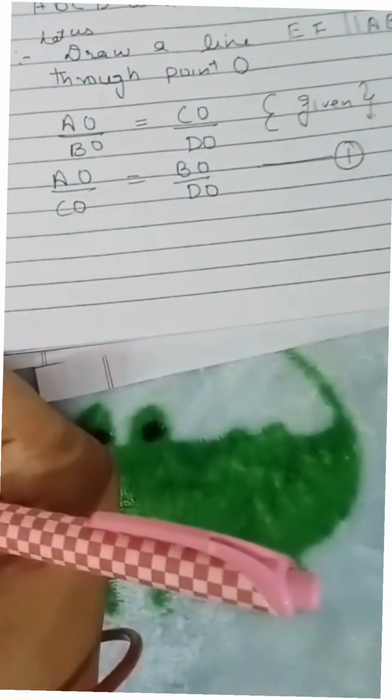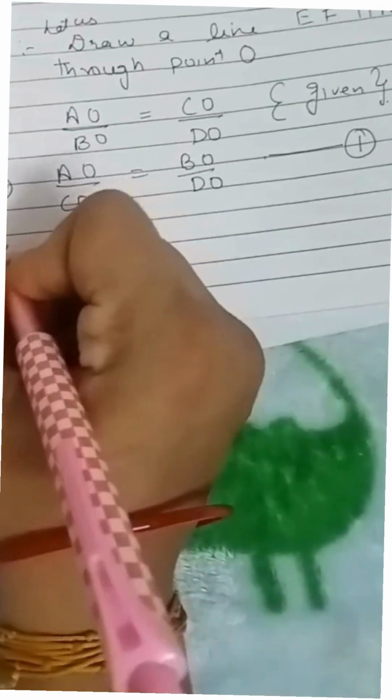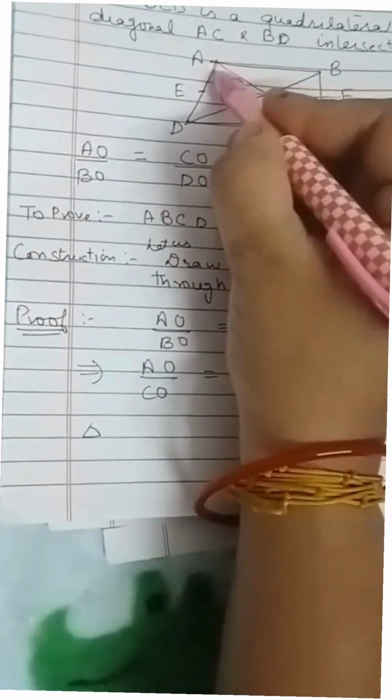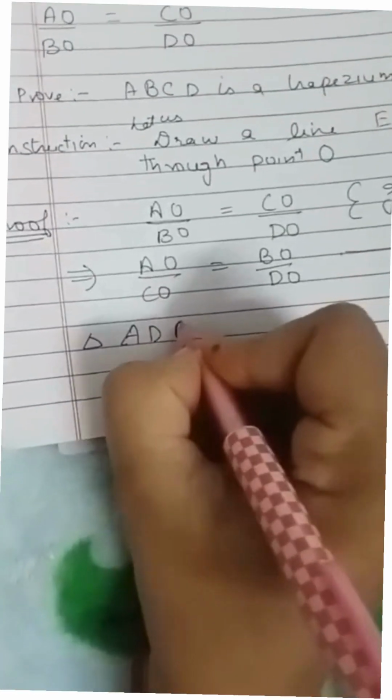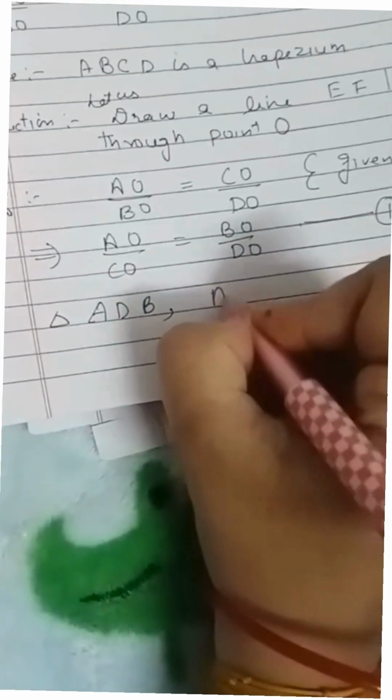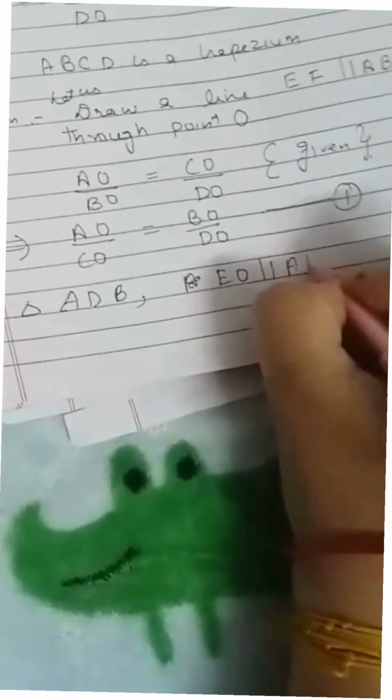Now take triangle ADB first. Here we can say EO is parallel to AB. Why? Because EF is also parallel to AB.